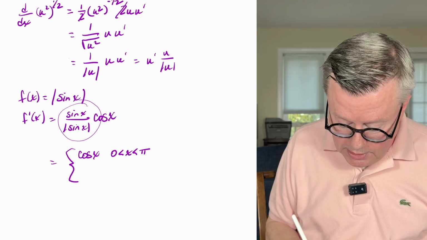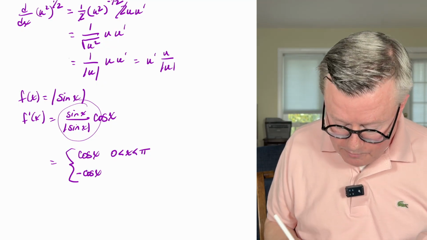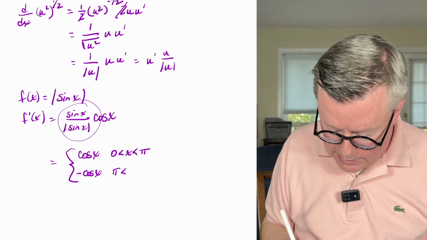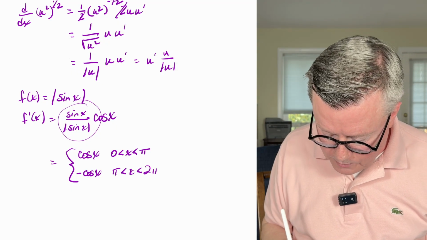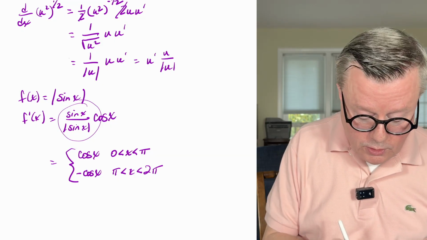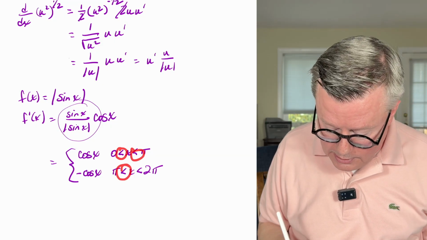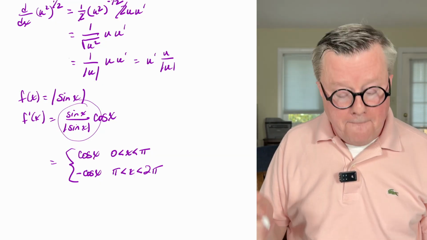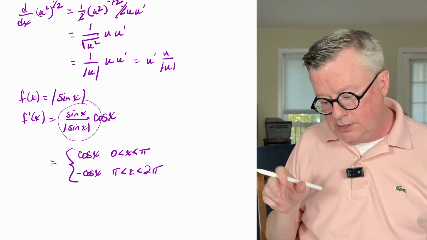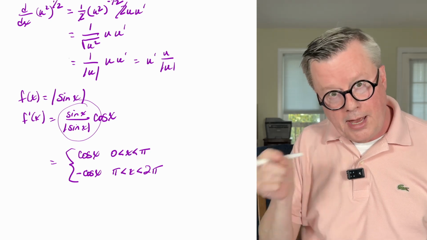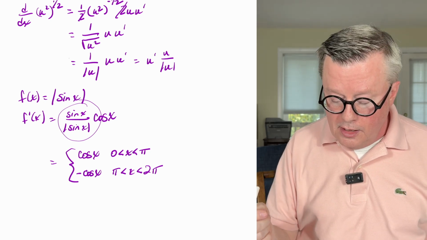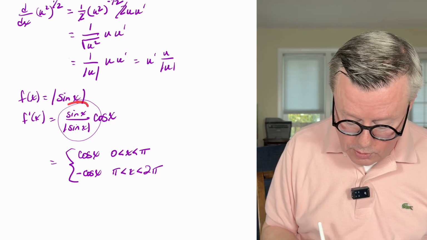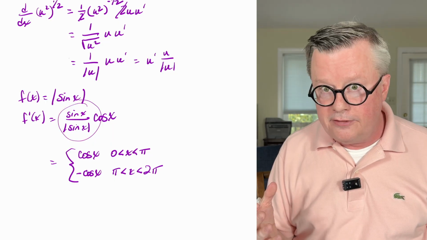And it's going to be the opposite of cosine of x when the sine is negative, so down below, pi to 2 pi. I want you to notice carefully, though, how I've written this. All of my less thans are straight less than. There's no less than or equal to. Because at those endpoints, 0 and pi and 2 pi, sine is 0. So this thing that I've circled is undefined.